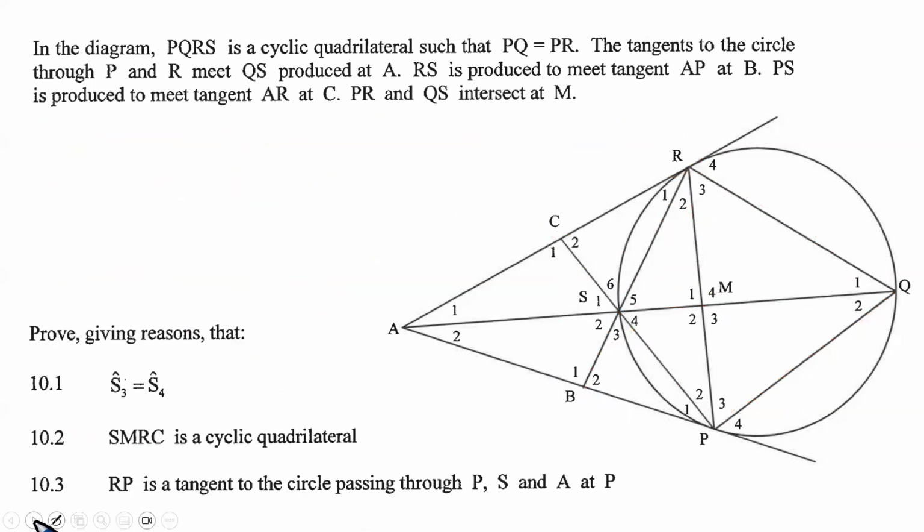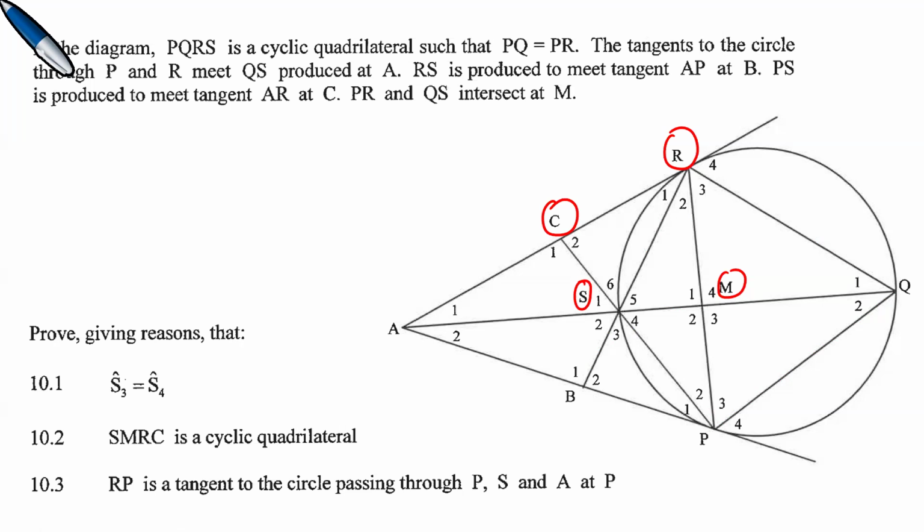So let's proceed to prove that one. Once again, we want to prove that S, M, R, C is a cyclic quadrilateral. Now let's prove this and see how it can be proven. Let's take note of this and look at the proof step by step.